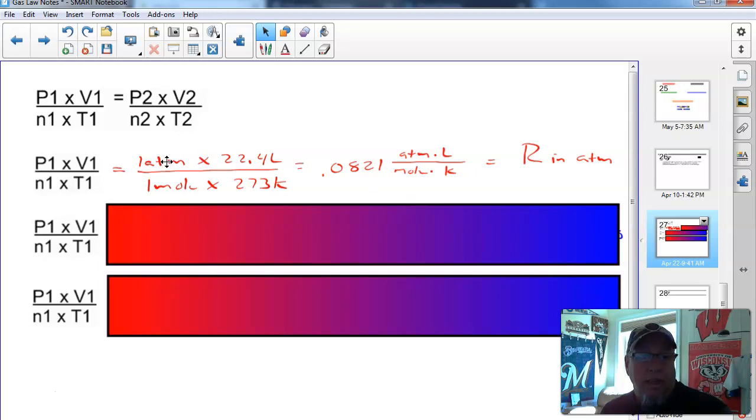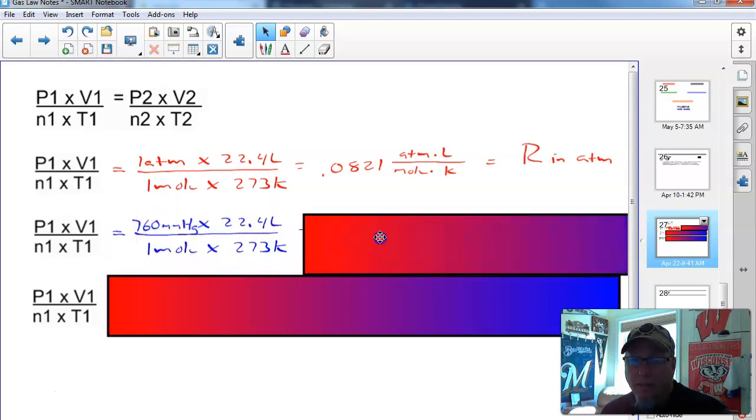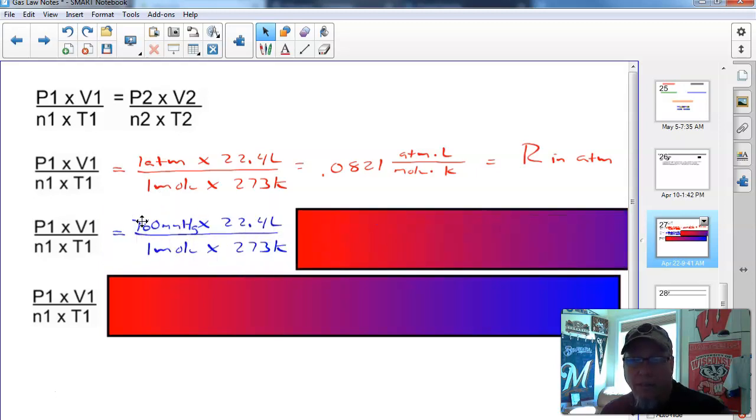So let's say that maybe my standard conditions, because remember we could have different pressures, let's say that instead I have 760 millimeters of mercury. That's still standard pressure. It's just a different unit. At 760 millimeters of mercury, 22.4 liters will be 1 mole and 273.